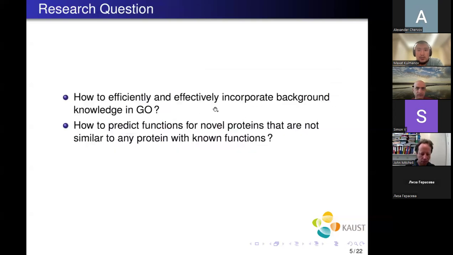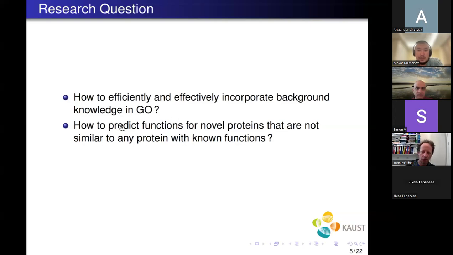In this work, and also maybe in our previous work, our main focus was how to efficiently and effectively incorporate this background knowledge in GO into a protein function prediction model, because we believe that using this knowledge in GO could significantly improve protein function prediction, because the labels have a lot of information.